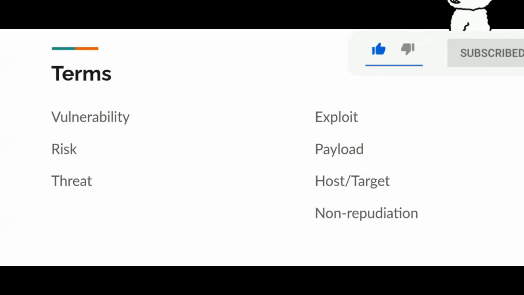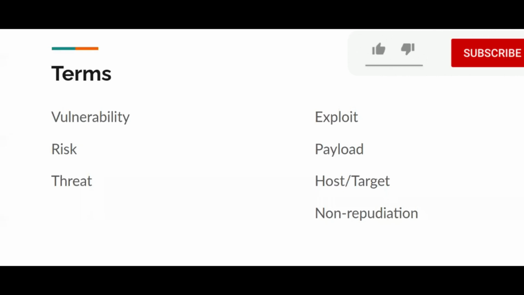Then the term called exploit. An exploit is code written by malicious users, and it is usually used to break into a system as an initial step.